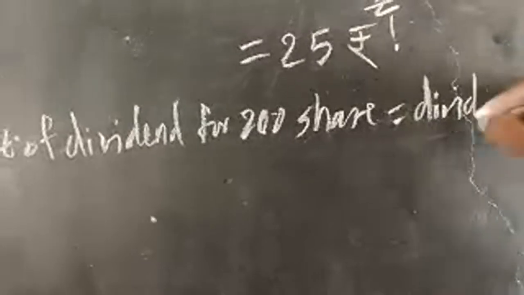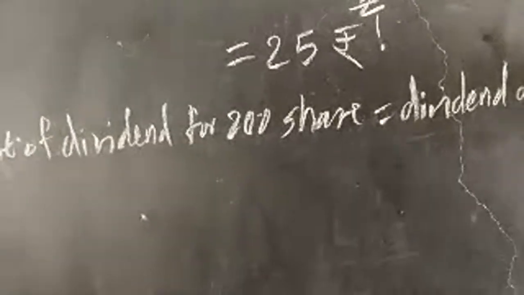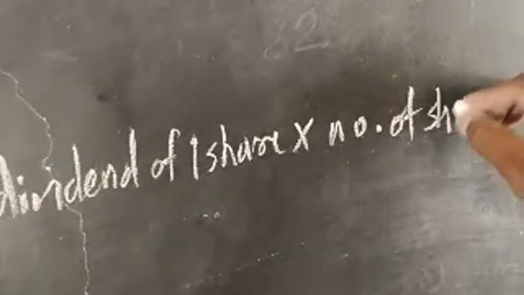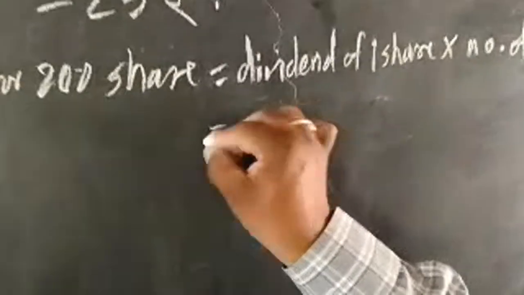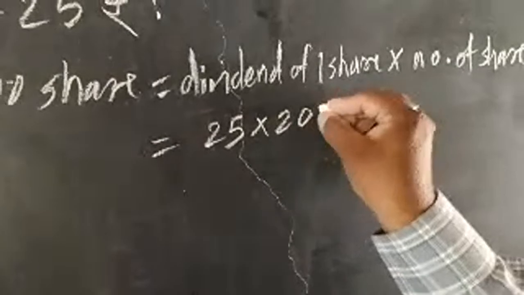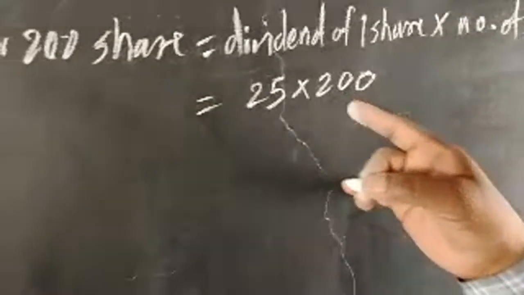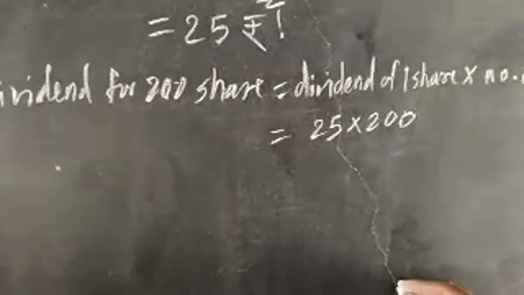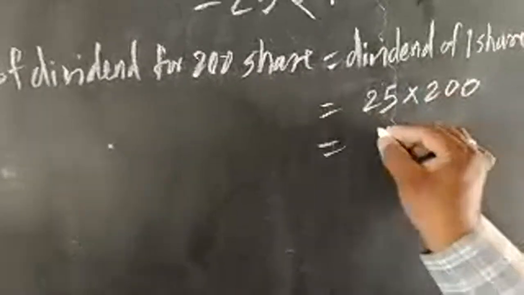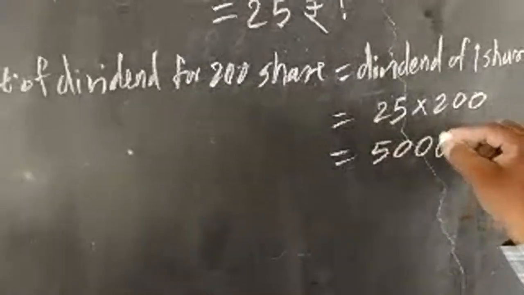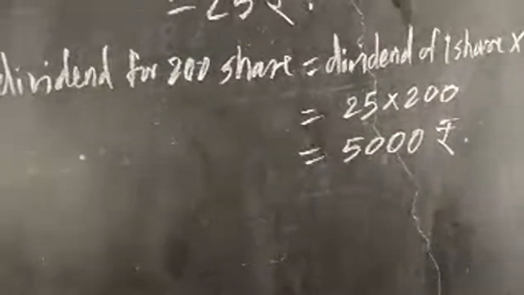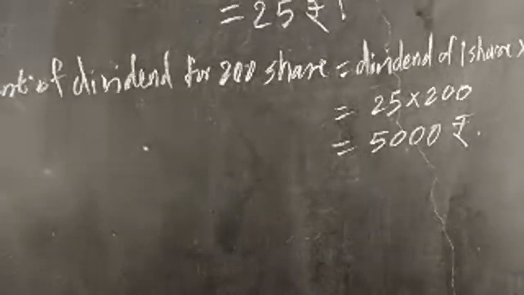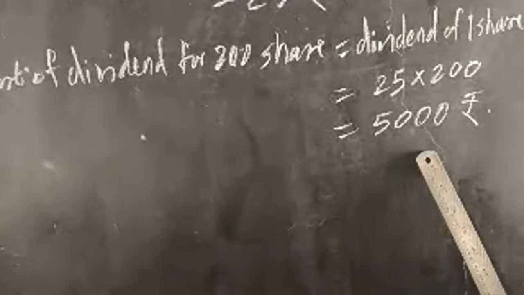Dividend of one share is 25 into number of shares 200. In the multiplication, 25 twos are 50 and double zero we write here, that is 5000 is the dividend. Means Mr. D'Souza got 5000 rupees.